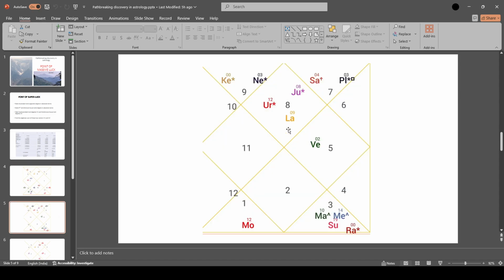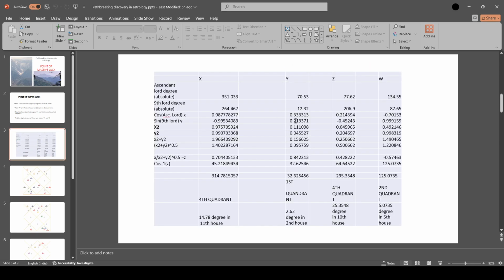This is another chart of Scorpio ascendant. You can see the ascendant lord is Mars. Mars is in 8th house. Ninth lord is Moon, and Moon is in 6th house. These are the degrees, 70.53 and 12.32. Cosine of 70.53 is 0.333 and sine of 12.32 is 0.2133.